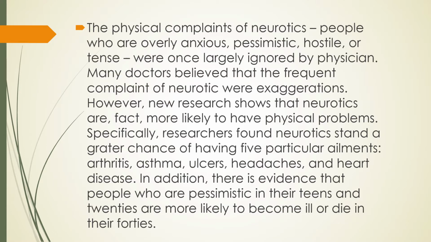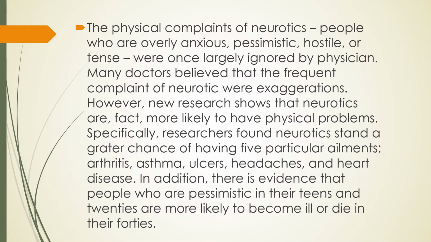Here's an example. The physical complaints of neurotics, people who are overly anxious, pessimistic, hostile or tense, were once largely ignored by physicians. Many doctors believed that the frequent complaints of neurotics were exaggerations. However, new research shows that neurotics are, in fact, more likely to have physical problems.